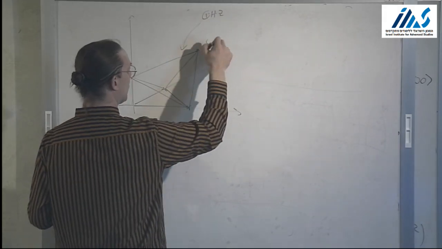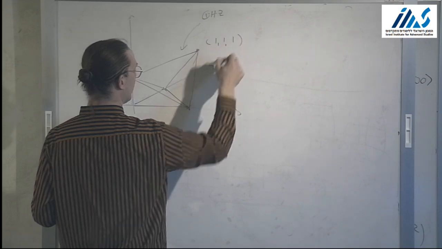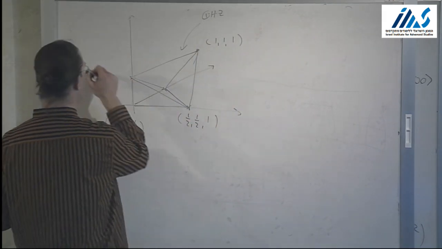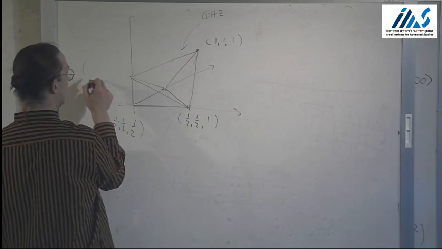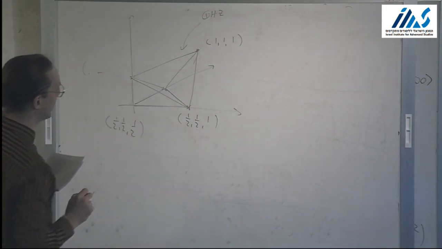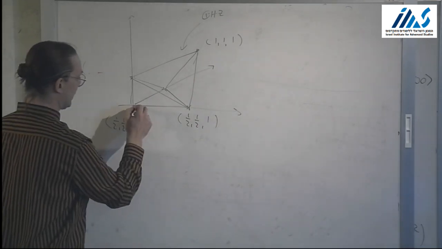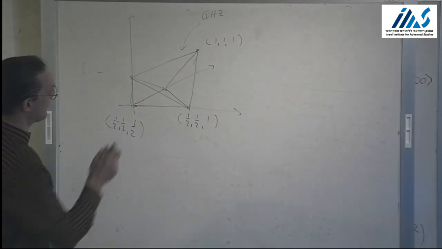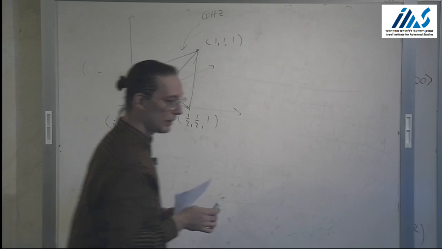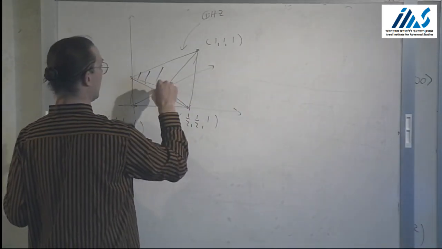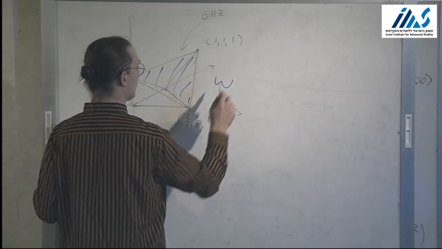This point here is 1, 1, 1, and these points here are a half, 1, and the permutations thereof. The entire polytope, including this point here, is the GHZ polytope. The upper pyramid here, that's the W polytope.